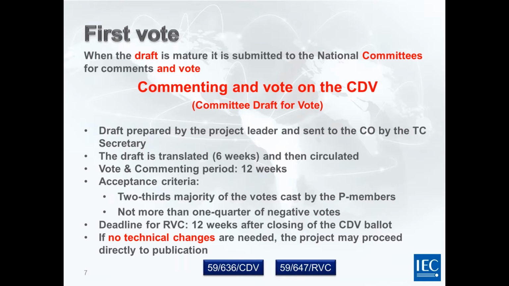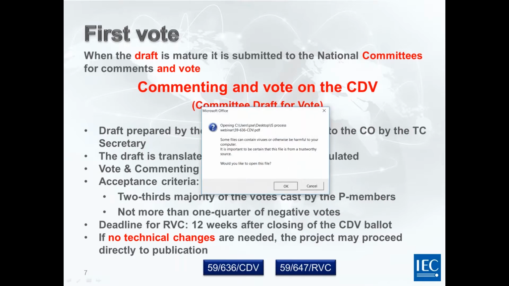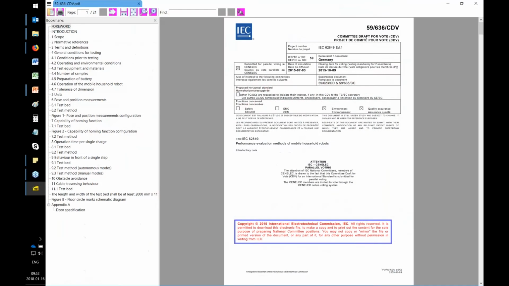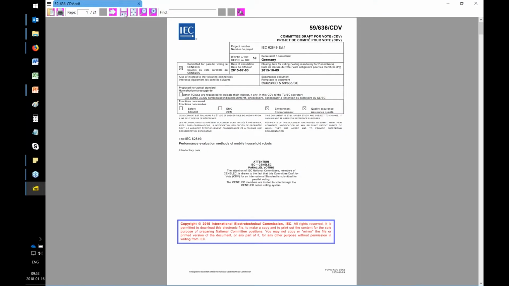Once the CDV is approved, there is the need to send out what we call the RVC, the result of vote on the CDV, and we have a deadline of 12 weeks after the closing of the CDV ballot to circulate the RVC. Also, if the CDV is approved and no technical changes are needed, then the project may proceed directly to publication.